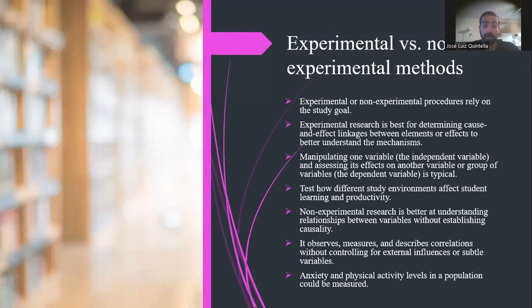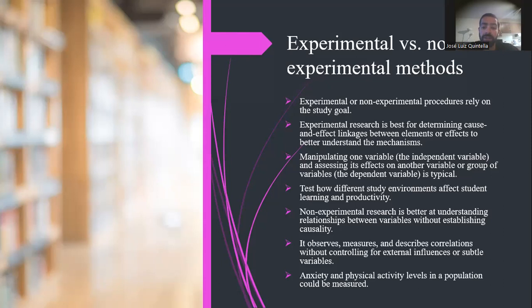Manipulating one variable, the independent variable, and assessing its effect on another variable or group of variables, the dependent variable, is typical. For example, testing how different study environments affect students' learning productivity.